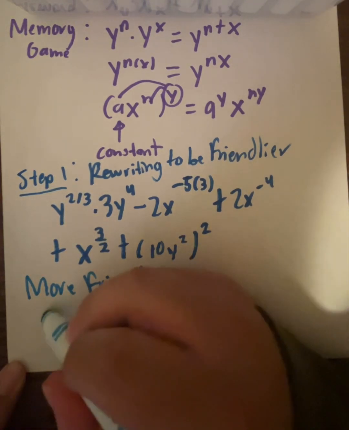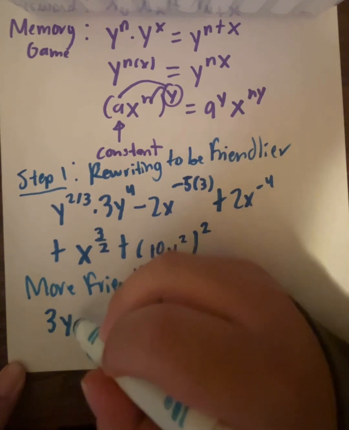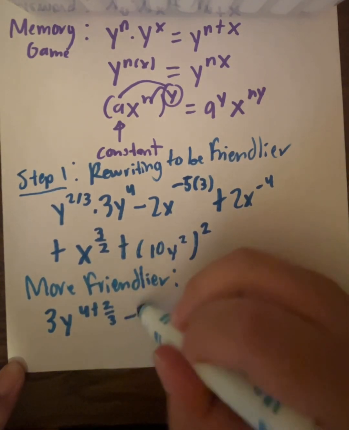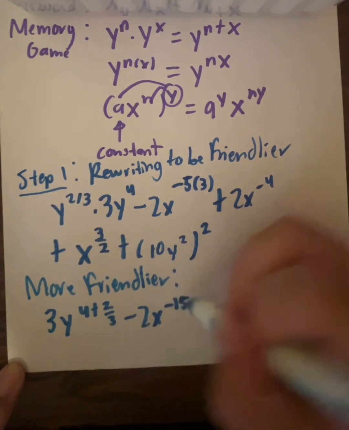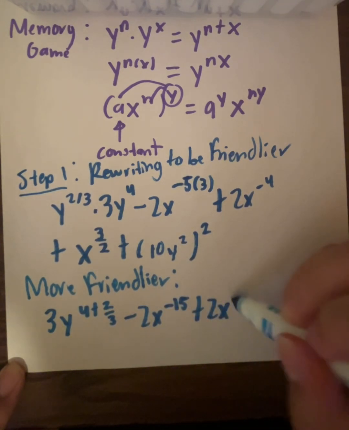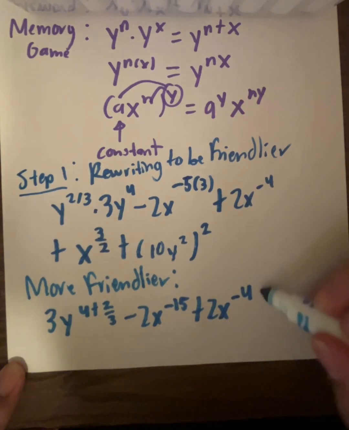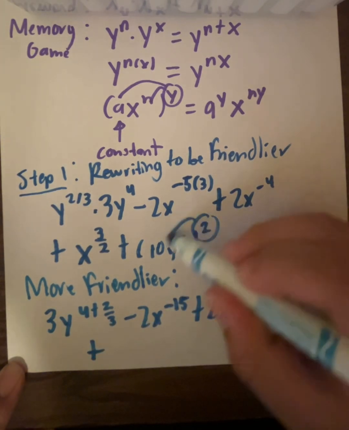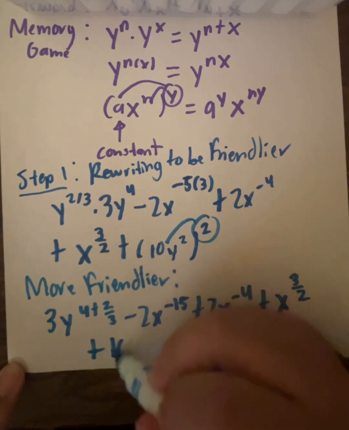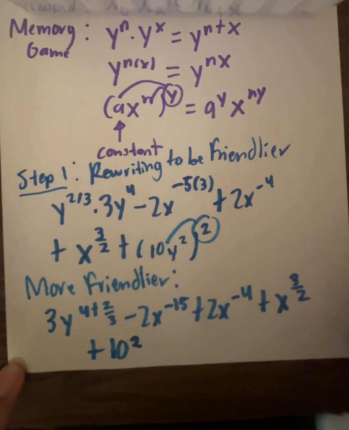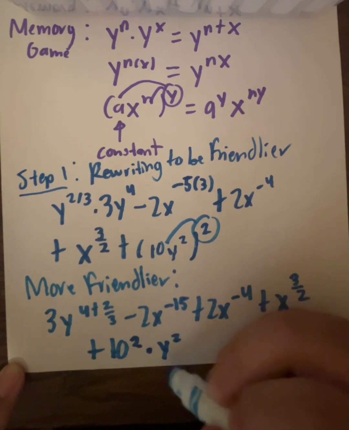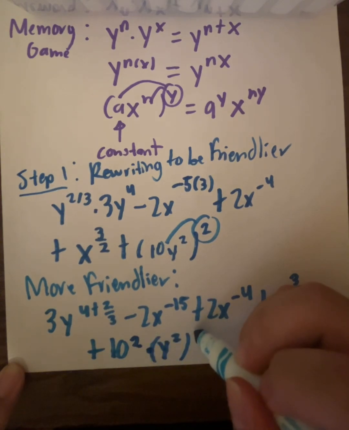We will have 3 times y, 4 plus 2/3 minus 2x to the negative 15 plus 2x to the negative 4 plus x to the 3/2 plus, let's distribute the 2. 10 to the 2 times y squared to the 2.